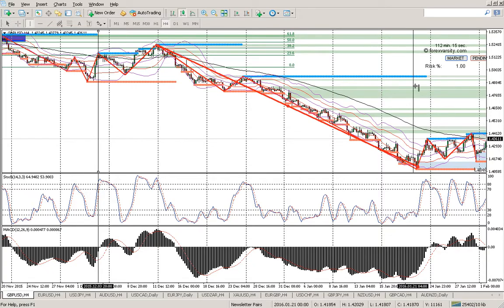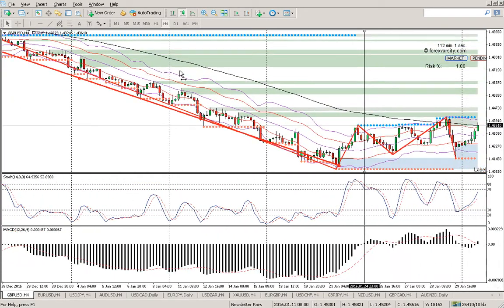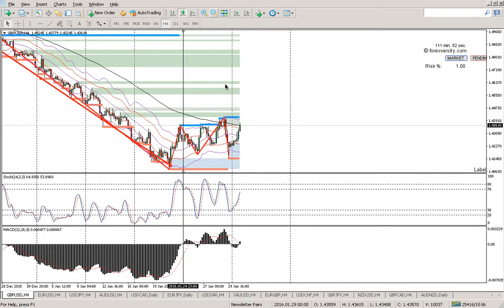And the reason for that is the MACD has turned now. The MACD is turning here, and obviously you're looking to exit, as you don't want to be in an uptrending market if you're in a sell.